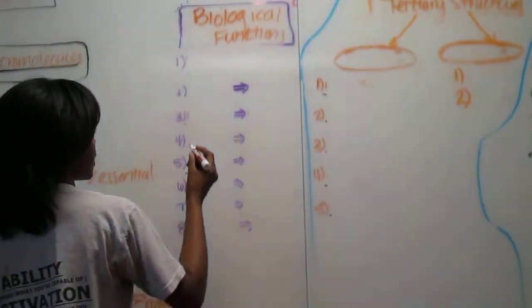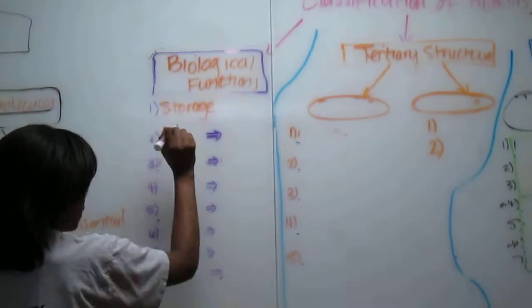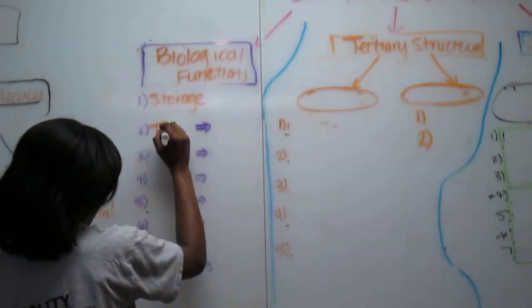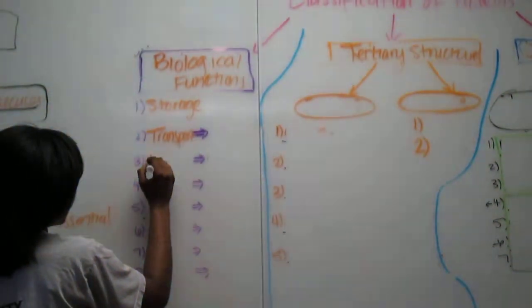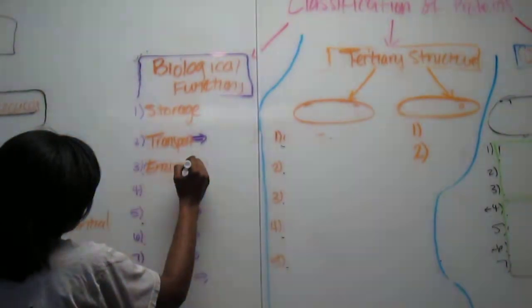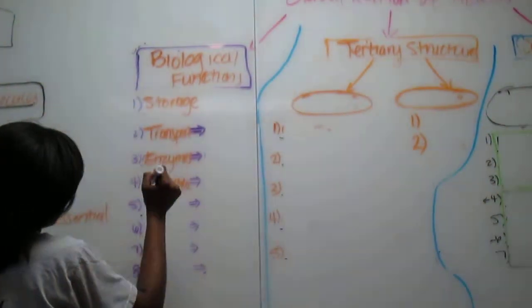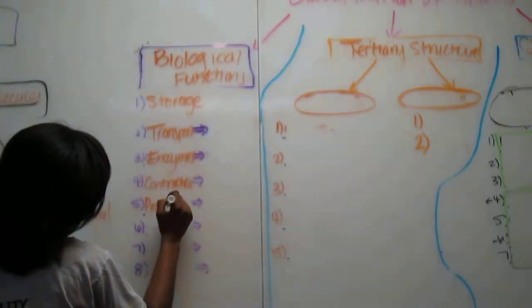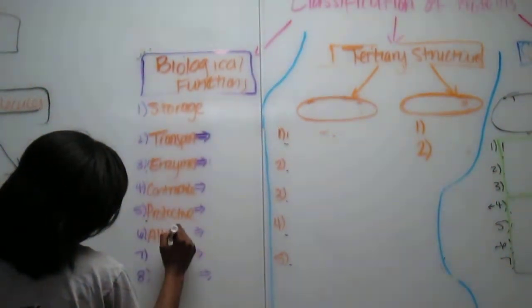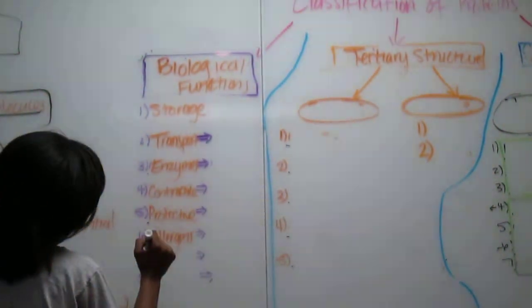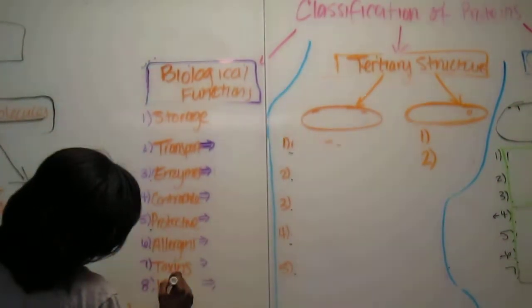For biological functions, you have storage, you have transport, enzymes, contractile, protective, allergens, toxins, and hormones.